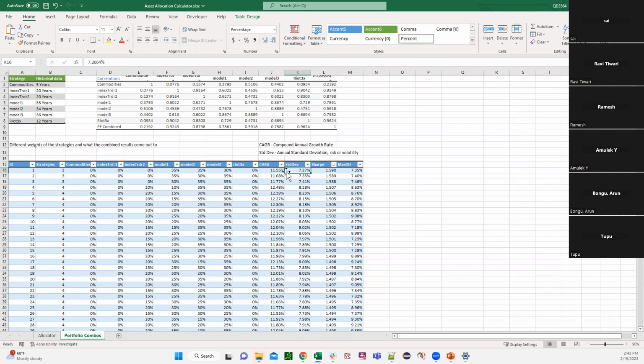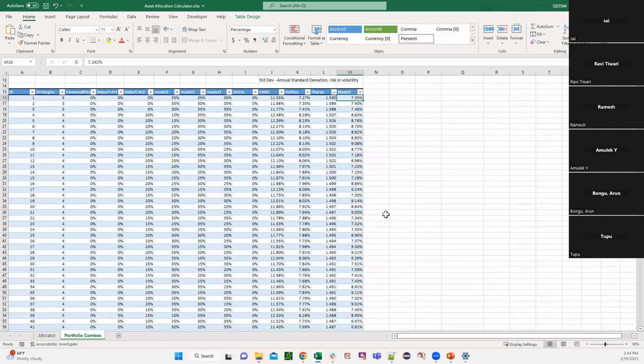It had a standard deviation of 7%, which is really low, a Sharpe ratio of almost 1.6, which is incredibly high, and a max drawdown of only 7% in those 34 years. So you can see how it protects your money and keeps it from being wiped out.